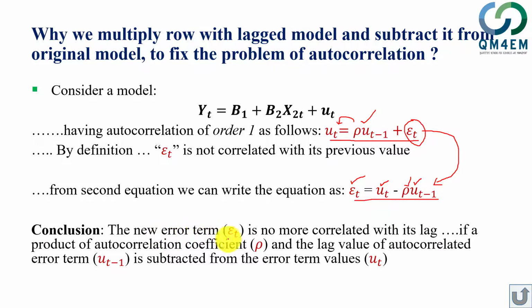The new error term epsilon is no more correlated with its lag. Why does this happen? Because the product of the autocorrelation coefficient and the lag value of the autocorrelated error term ut minus 1 is subtracted from the error term values.